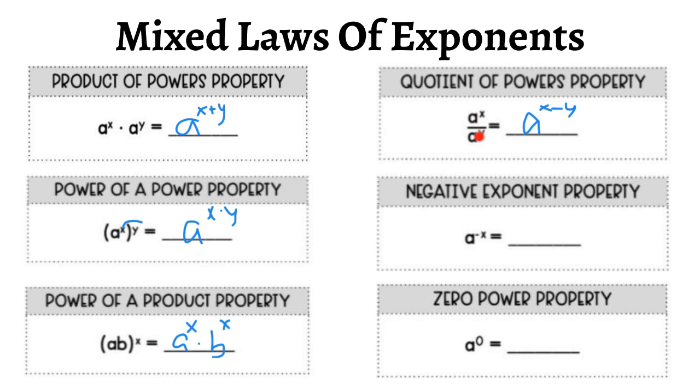Whenever we are dividing and we're subtracting the numerator minus the denominator, we will sometimes get a negative exponent, especially if the denominator is greater. So whenever you have a negative exponent, you want to make sure you change it to a positive exponent. We're going to do the reciprocal. Right now we have a to the negative x, technically over 1.